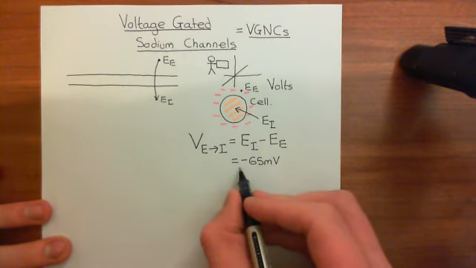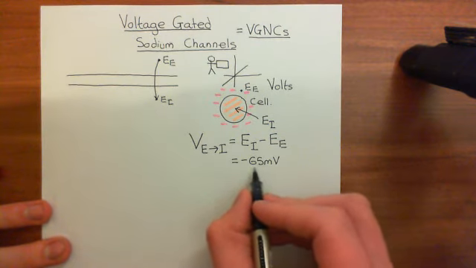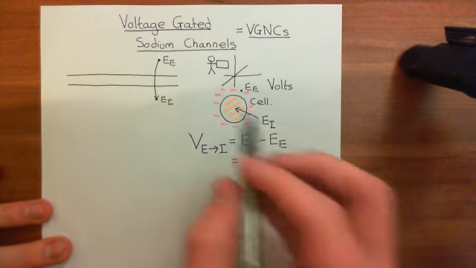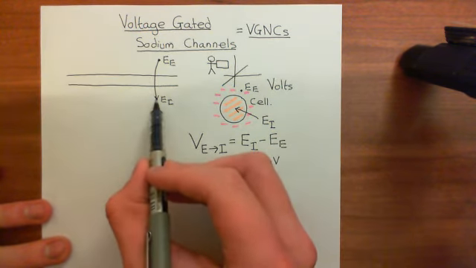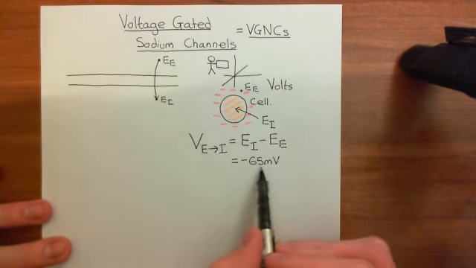So what does it actually mean to say that the electrical potential difference across the cell membrane from extracellular to intracellular is negative 65 millivolts? It means that the intracellular electrical potential is lower than the extracellular electrical potential, and it's lower by 65 millivolts. So that's what this literally means.